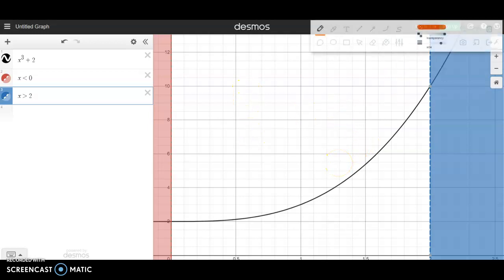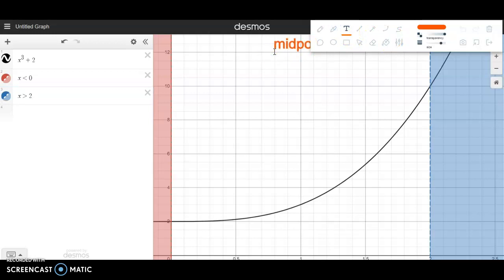We're going to be using the midpoint rule.